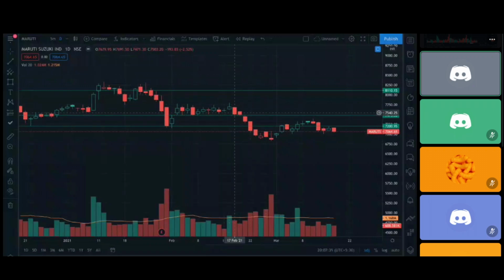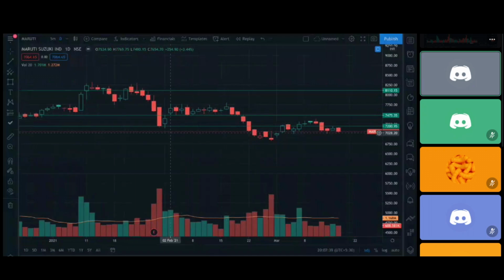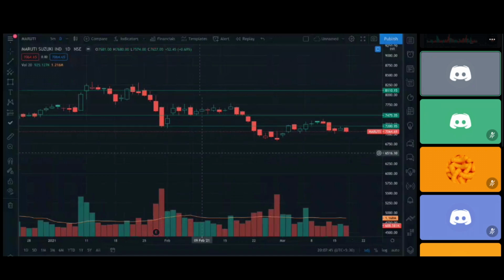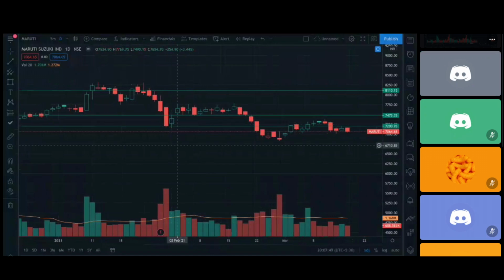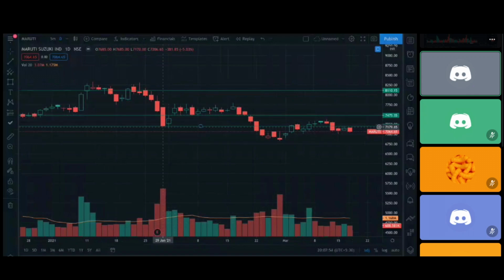And once it starts breaking, or you see that there's a possibility of breaking this, you can exit the position. But overall, over a 1 week time frame, you can comfortably sell right here and make some money. Not a huge amount, maybe some money right here, once you see some bullish candle right here at support.